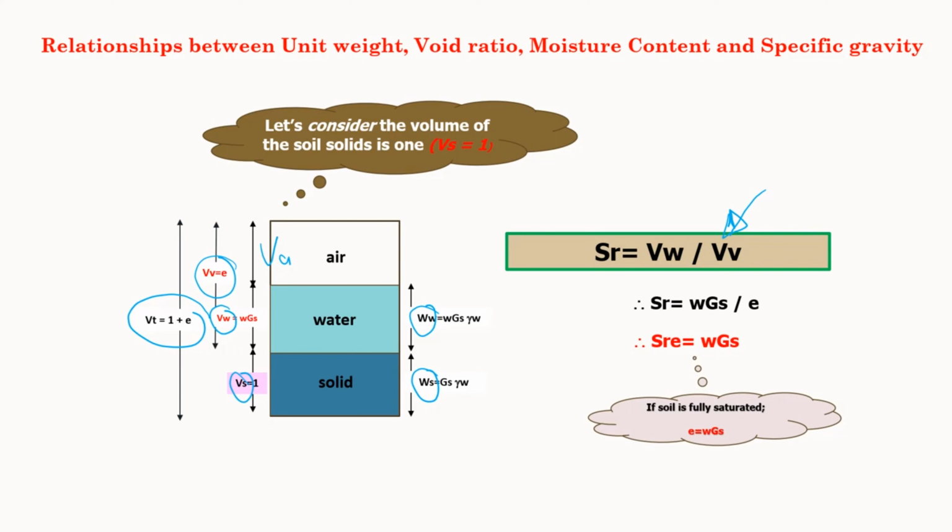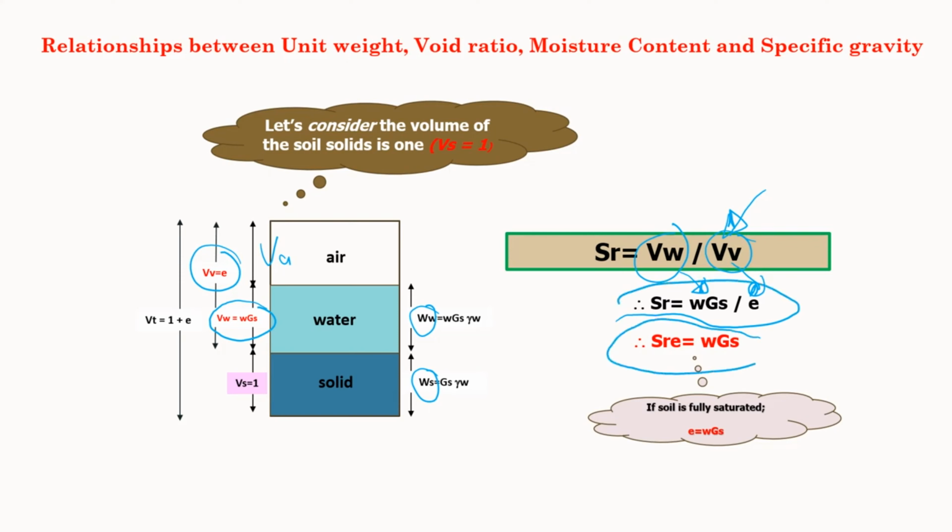We know that volume of water is equal to water content times specific gravity, from what we already discussed in the previous slides, and volume of void is equal to e. So you have these two. We use volume of water and also volume of void here. So we simplified it and it became this equation.